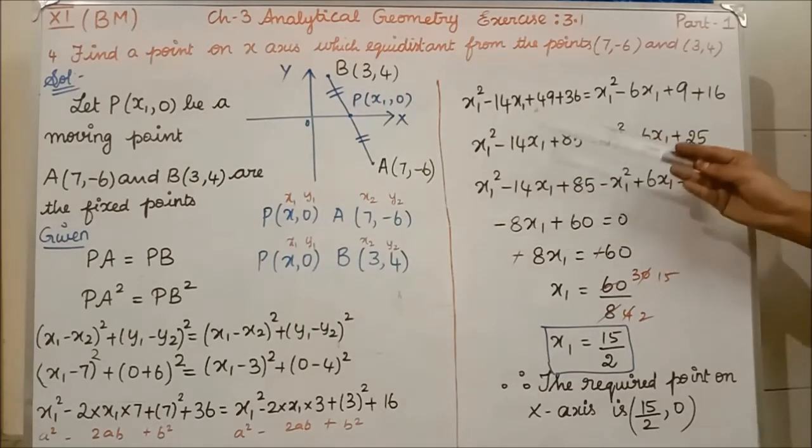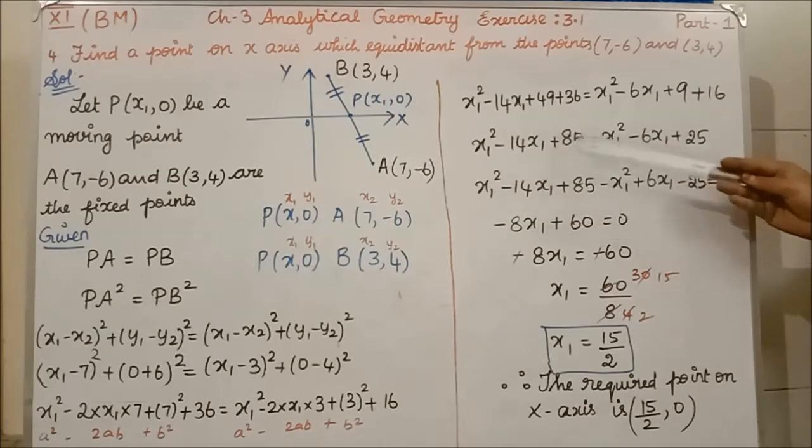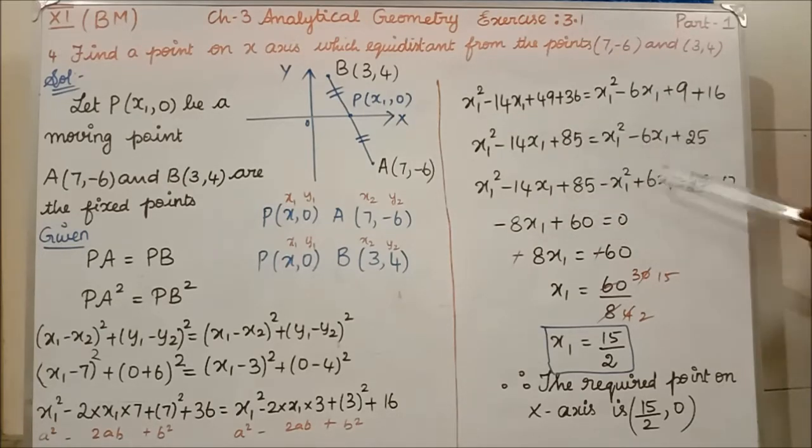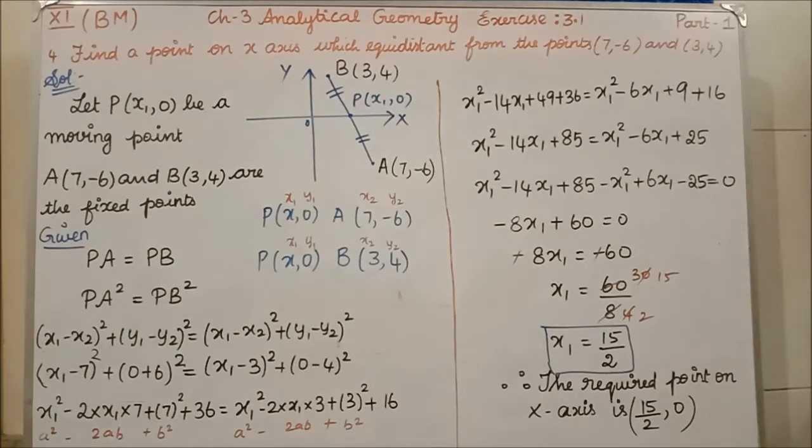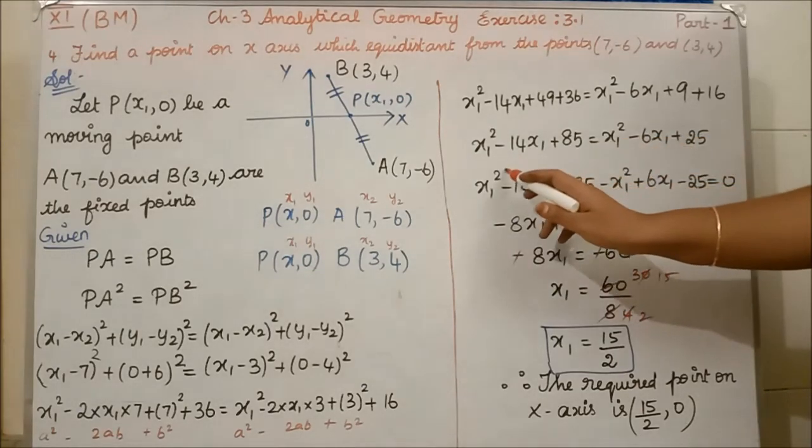So x1 square minus 14x1 plus 85. I am taking all the terms to the left hand side. Minus x1 square plus 6x1, and if 25 comes this side it will become minus 25, equal to 0. So what will you get? Here plus x1 square we have, here minus x1 square we have, so both will get cancelled, isn't it?